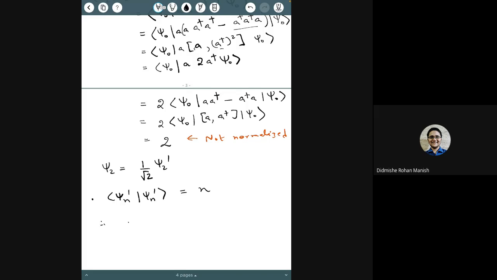Therefore, in general, psi n will be equal to 1 by root of n factorial, A dagger to the power n psi 0.